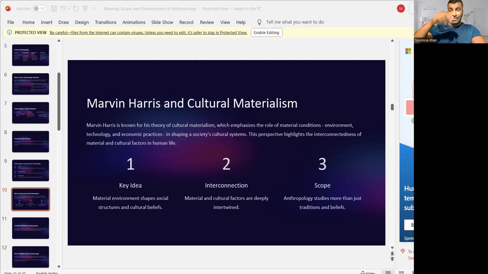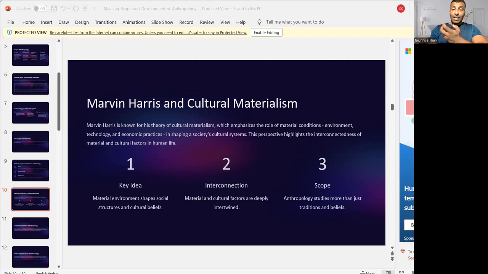And according to Harris, the way humans interact with their material environment plays a fundamental role in shaping their social structures and cultural beliefs. So it's all about the way humans interact with the material environment that shapes the social structure and the cultural beliefs, according to Harris. And this perspective highlights the interconnectedness of material and cultural factors, how the material factors and cultural factors are connected.